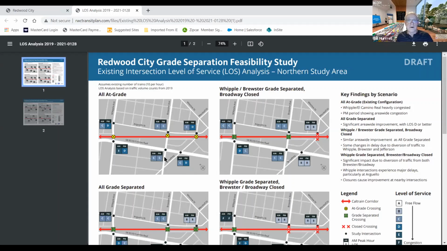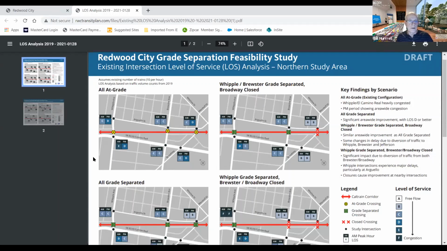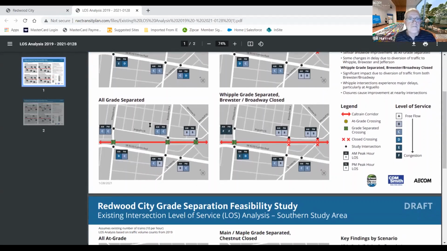Down below, you can see what happens with the alternative where you grade separate everything. It has a fairly positive impact, as you might imagine, on traffic. At the worst location, for example, it goes from an E before to a D in the morning, and from a D in the afternoon existing to a C. So there's a fairly big improvement if you grade separate everything.